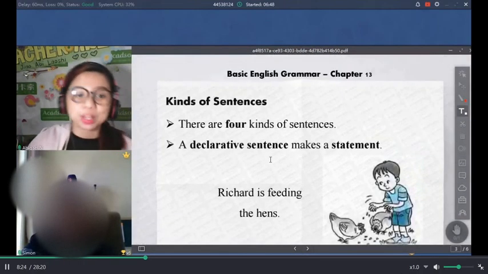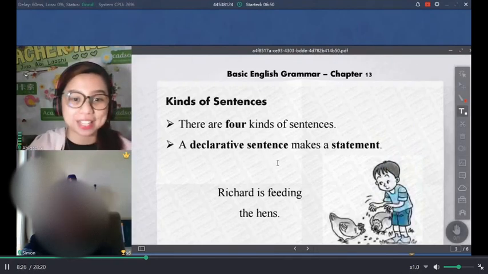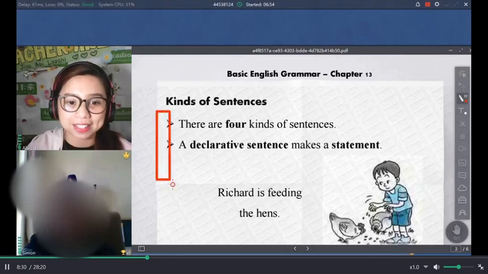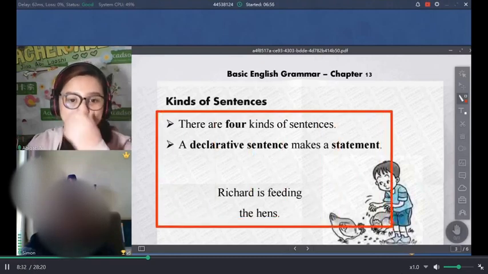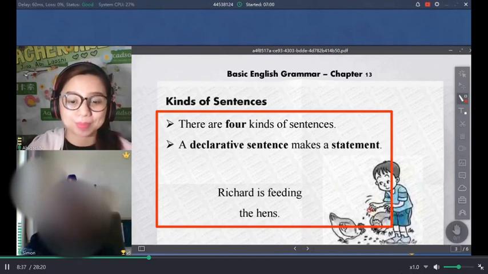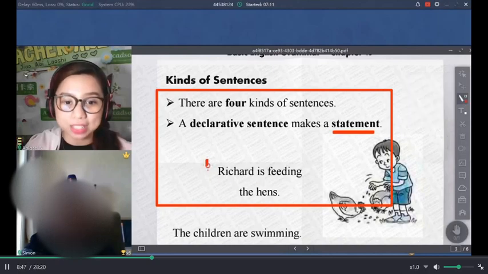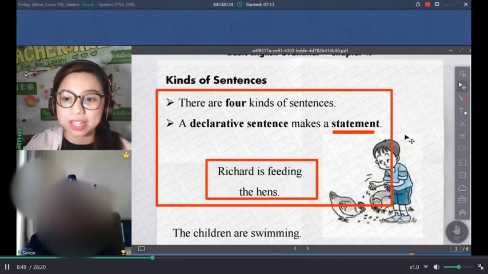Okay, so here are the kinds of sentences. Can you read this, Simon? There are four kinds of sentence. A declarative sentence makes a statement. Just like this one sentence over here. Can you see?